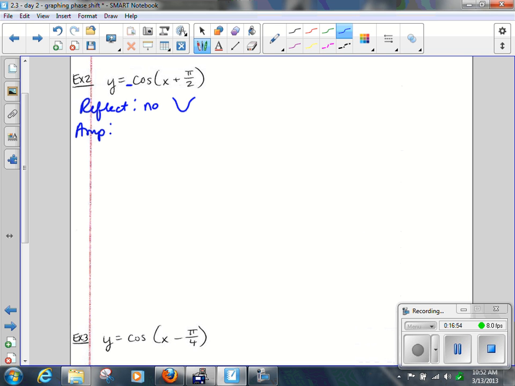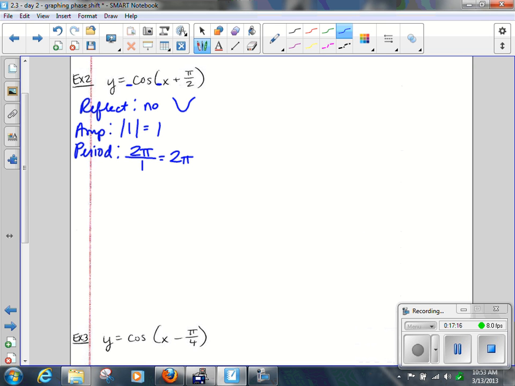Absolute value of 1. Which means my curve's going to start 1 unit above or possibly 1 below the oscillation line. What's next? Period, which is always 2 pi divided by 1 in this case, which is 2 pi.